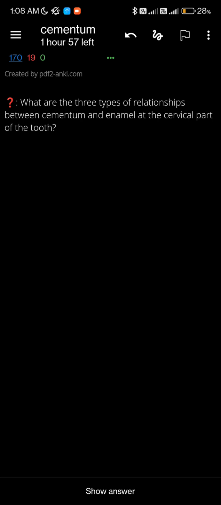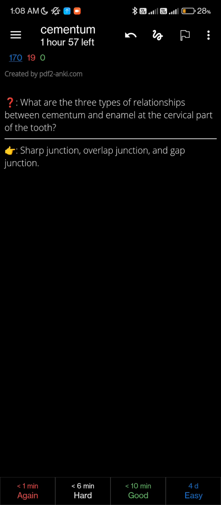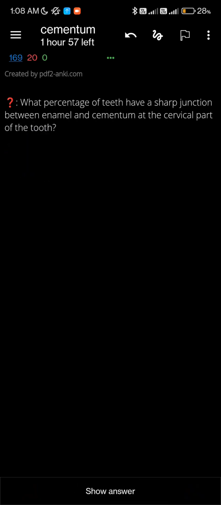What are the types of relationship at the cervical part of the tooth?